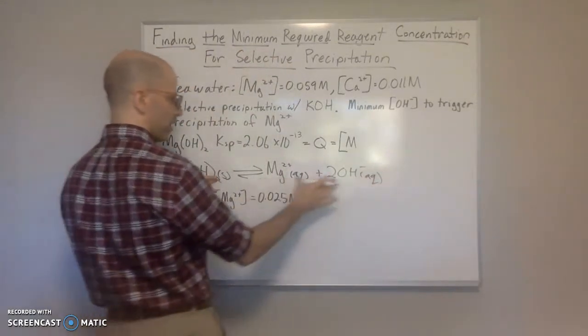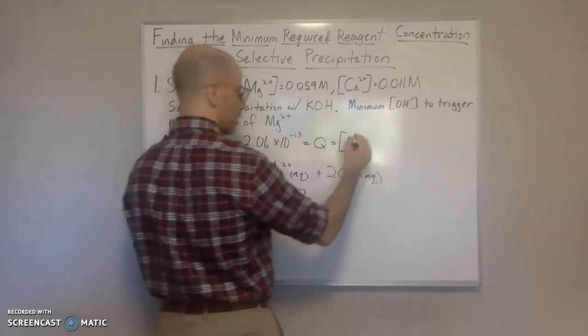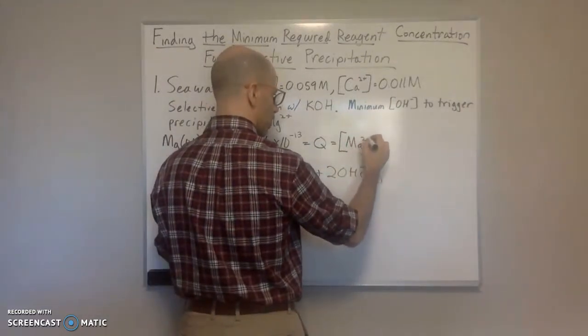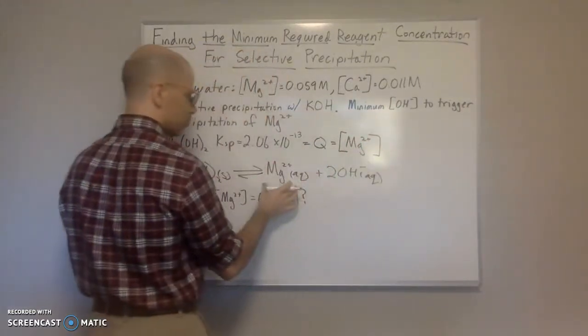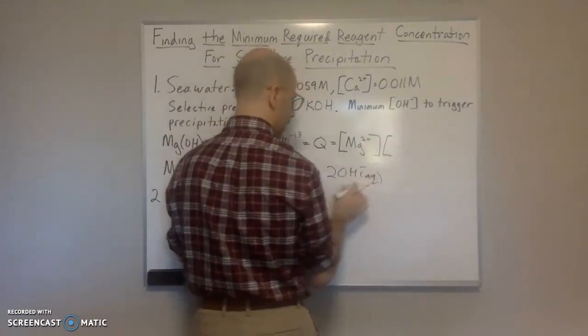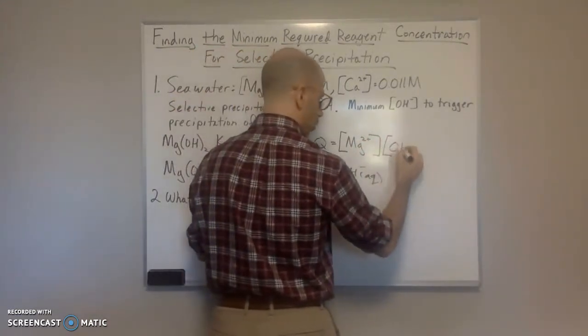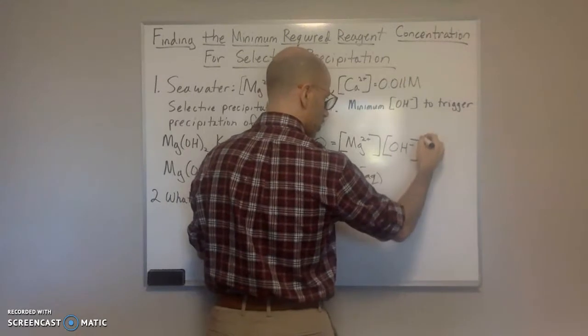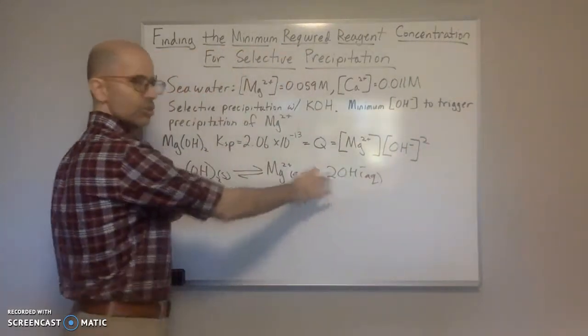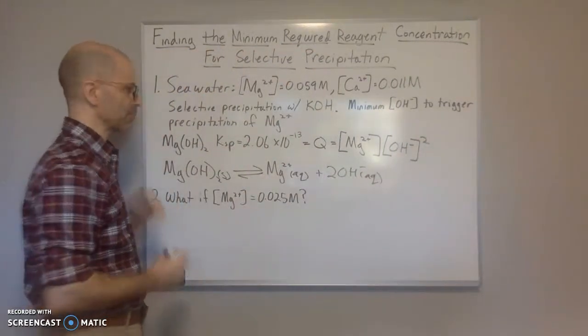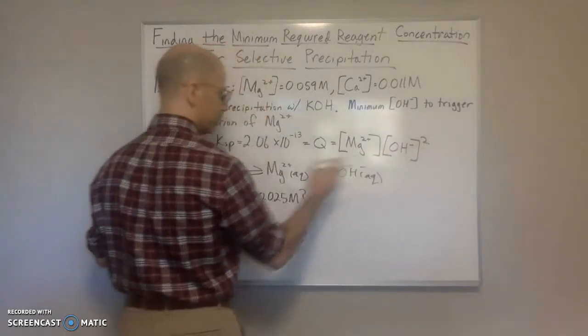And so using these, we get the concentration of Mg2+ multiplied by the concentration of OH minus squared because of the 2 coefficient there. So this is our Q expression.